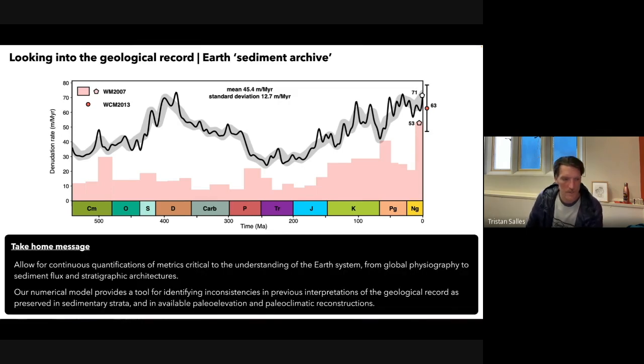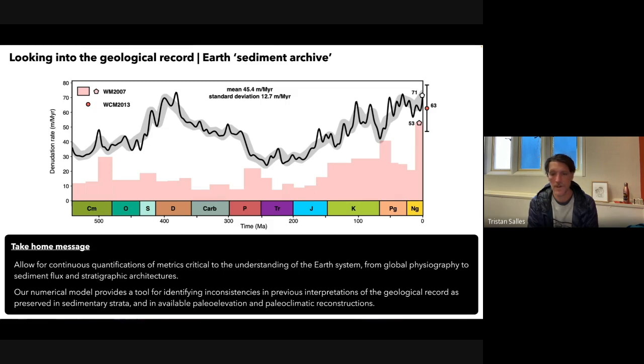So to conclude on this part, we have a model that is able to extract some information from this reconstruction, and we design tools that can quantify how these different reconstructions are working.